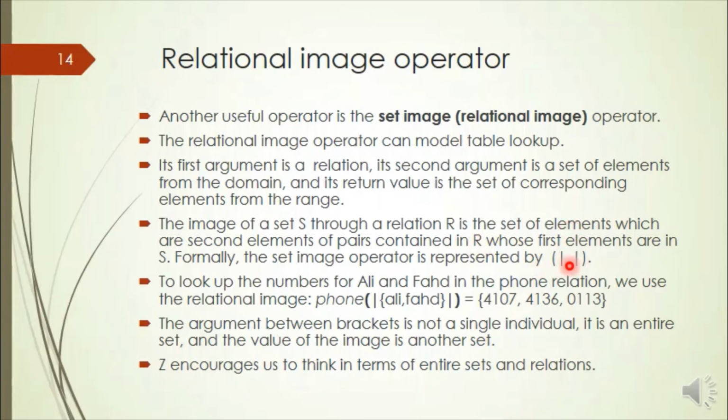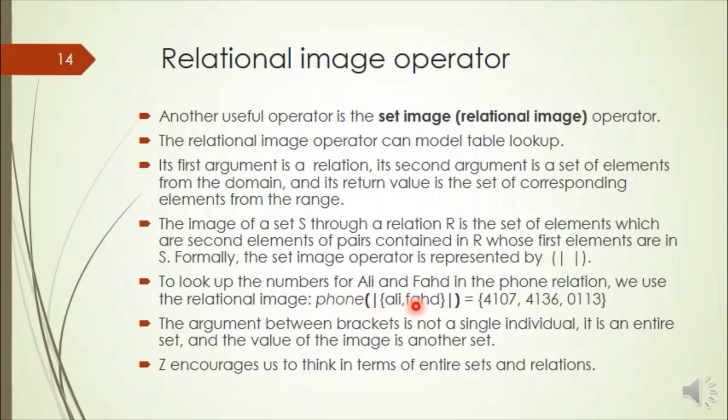For example, we have a relational variable phone, and under this relation we want to know the phone numbers of specified elements, which are Ali and Fahad, which actually returns us the phone numbers of specified elements Ali and Fahad.